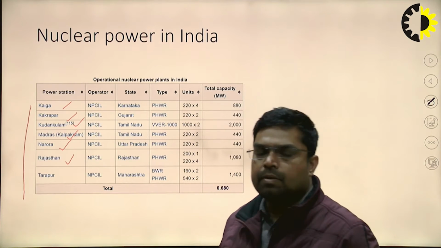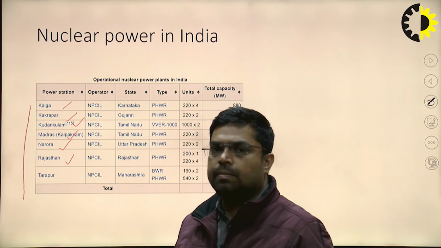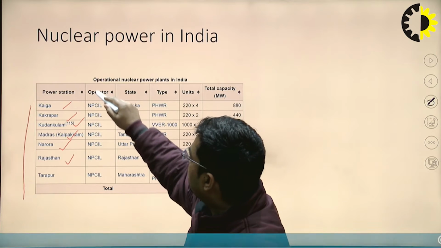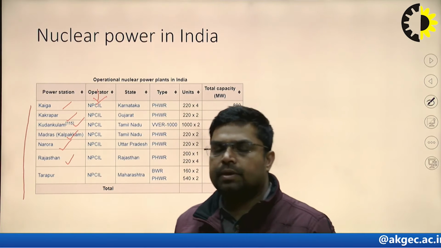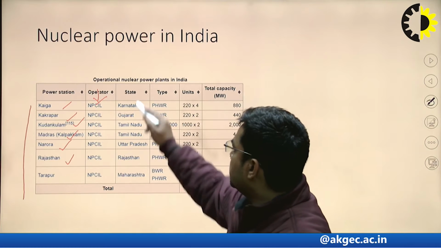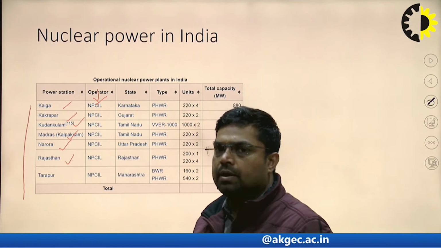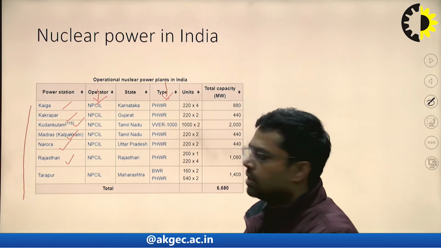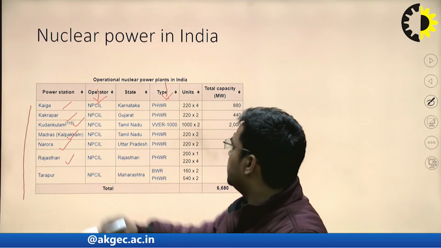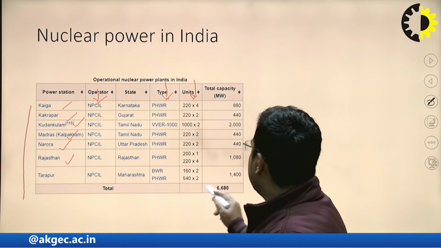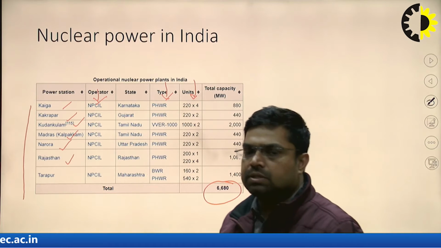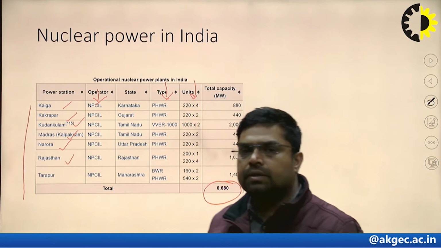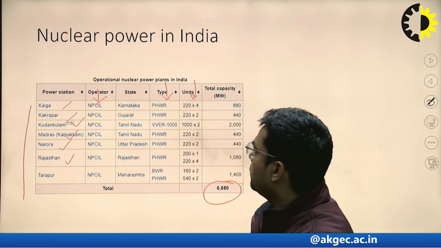Through these, nuclear energy is produced. Nuclear power plants are operated by NPCIL. These are the states where the plants are placed, which types of nuclear reactor are used at each place, and their capacity. If you add them, the total capacity is around 6,680 megawatt.